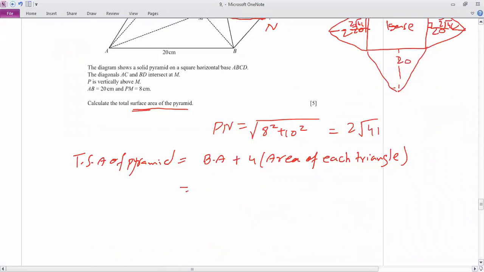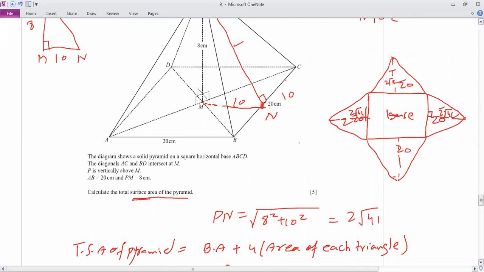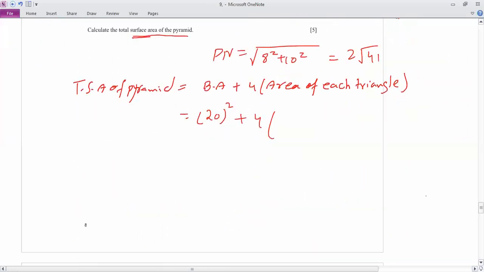What is base area? It is a square. So how do we find the area of a square? Side by side, you need 20 squared, plus 4 into area of triangle. Here I write 20, and this one is 2 square root of 41. So this is 1 over 2 base into height. So it will become 1 over 2, base is 20, into height is 2 square root of 41.